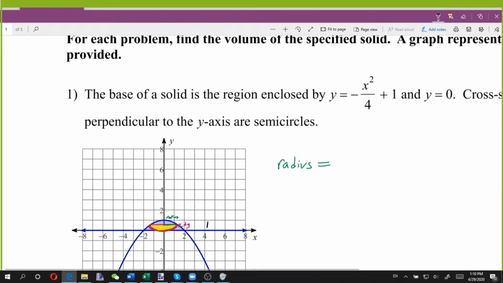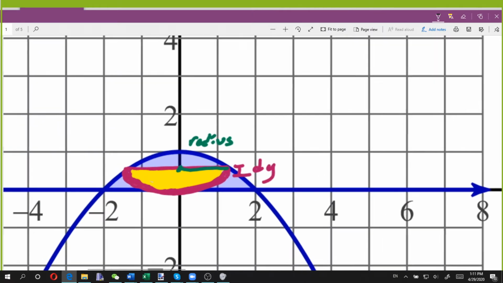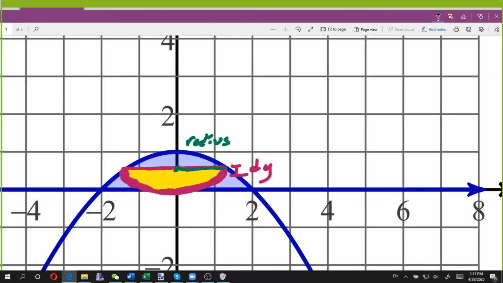That would give me a line going up and down. But we want our cross sections to be perpendicular to the y-axis. We're actually going the opposite direction. So I'm looking for this distance here in green.